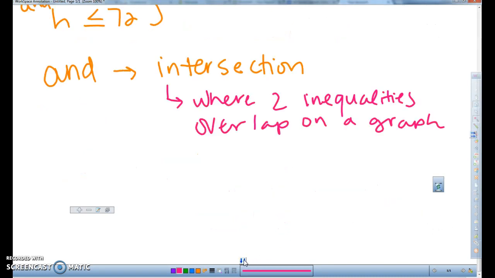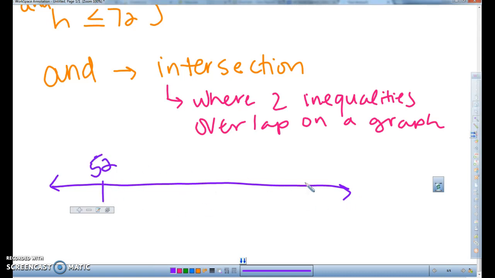Because if we think about this, and I were to graph those two inequalities I had listed before, draw myself a number line. Here's 52. Here's 72. My first one said h is greater than or equal to 52, so I'm going to use a closed circle, and my line goes this way. But my second one said h is less than or equal to 72.